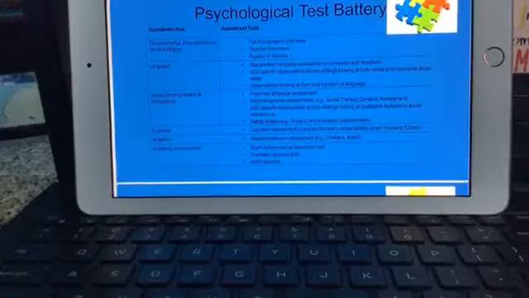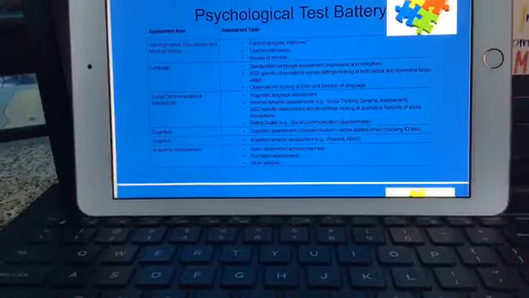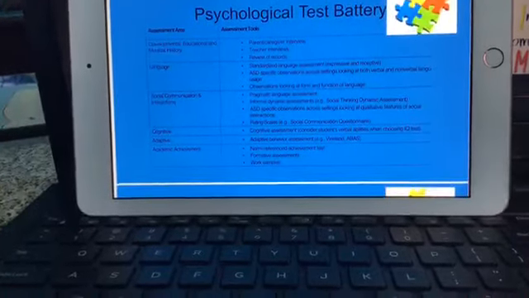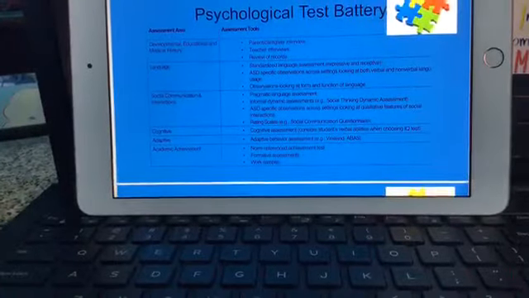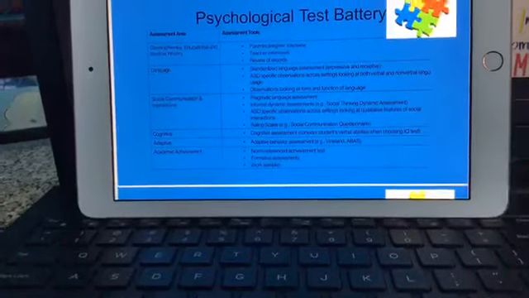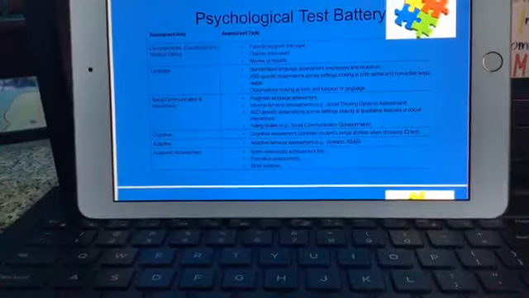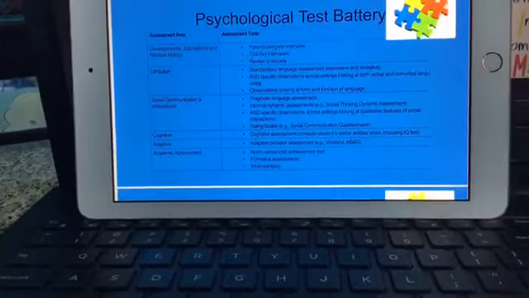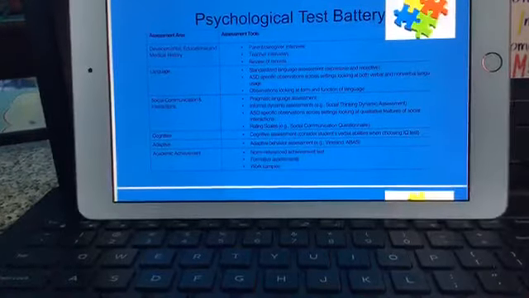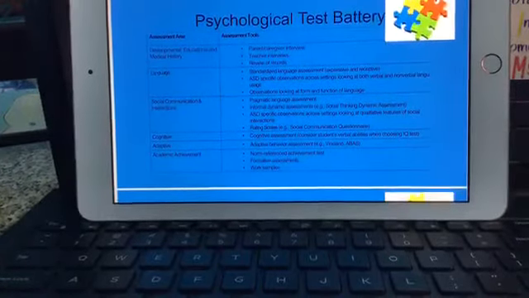So we need to know the child's baseline, so that whenever the child is receiving other treatment or services, they can use that as a benchmark to see if the child is moving from point A to point B, and if so, what the challenges and the strengths are.